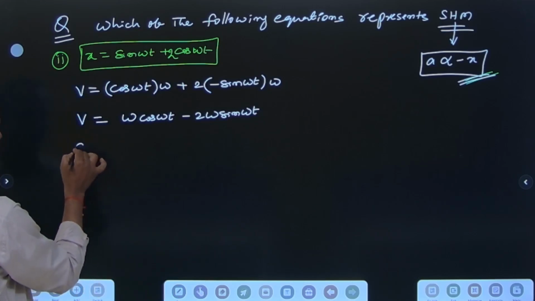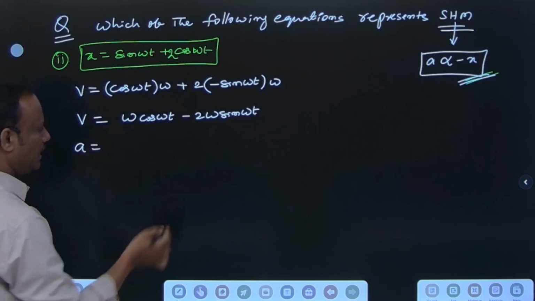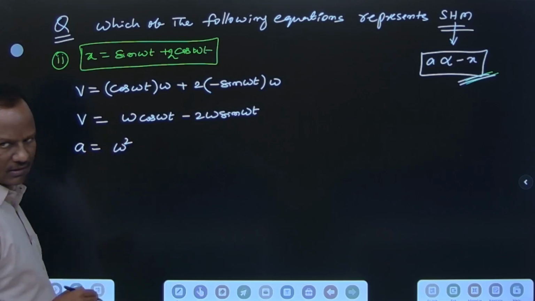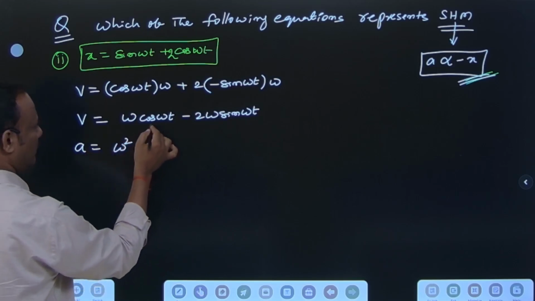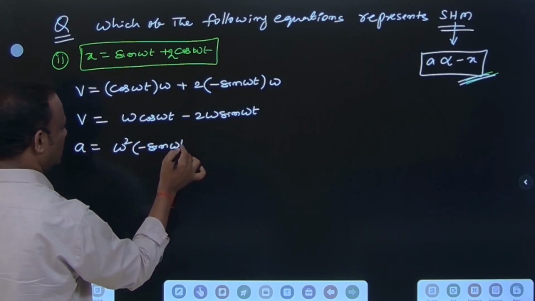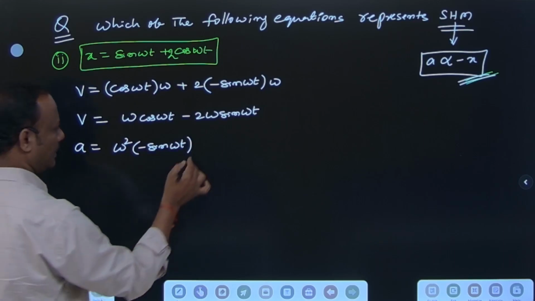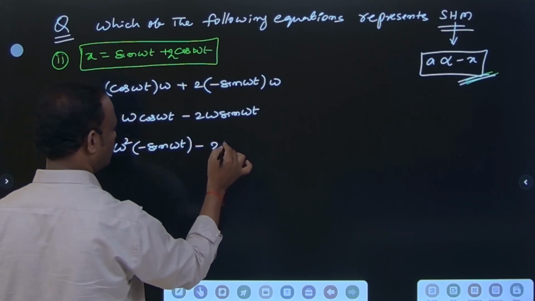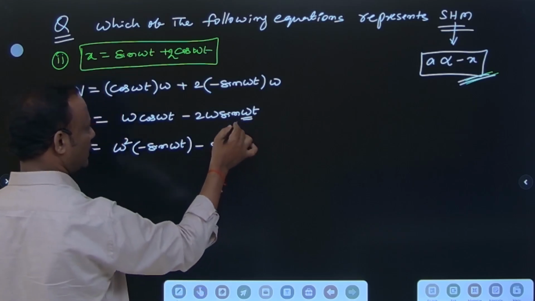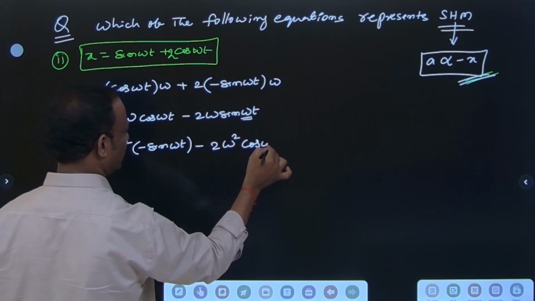Acceleration a: a is equal to, again differentiating, omega square times the differentiation of cos omega t, which is minus sin omega t, minus 2 omega square times the differentiation of sin omega t, which is cos omega t.